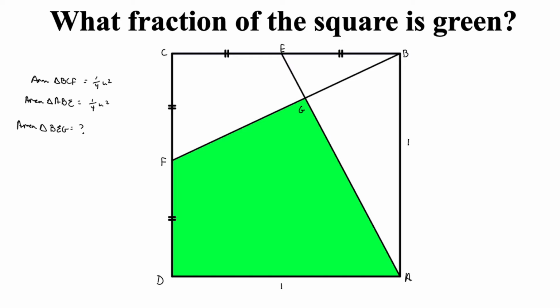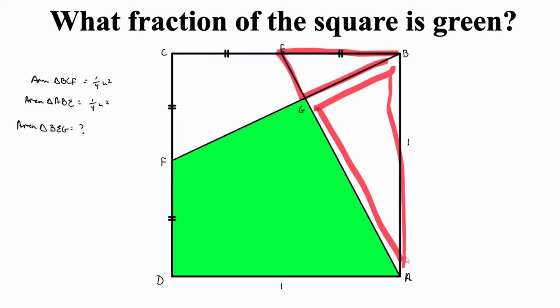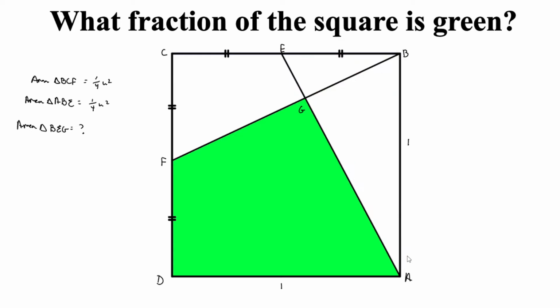So now if we take a look at these two triangles here, so let's say triangle BEG and triangle ABG, well, these two triangles, they kind of look similar to each other. So if we could show that these two triangles are similar, then we will be able to find the area of triangle BEG because we have their ratio of similarity.